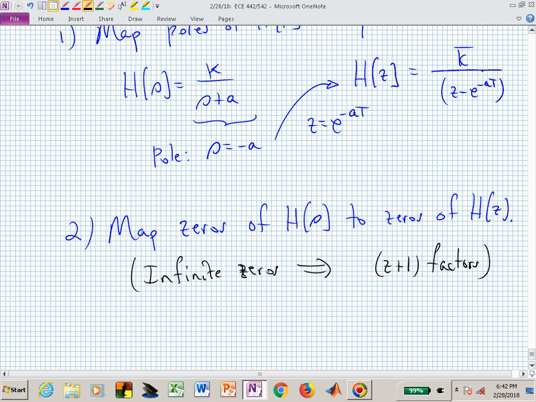If we have zeros at infinity in the analog case, we introduce a factor z plus 1.